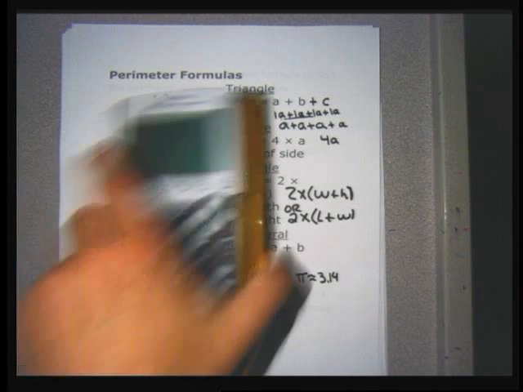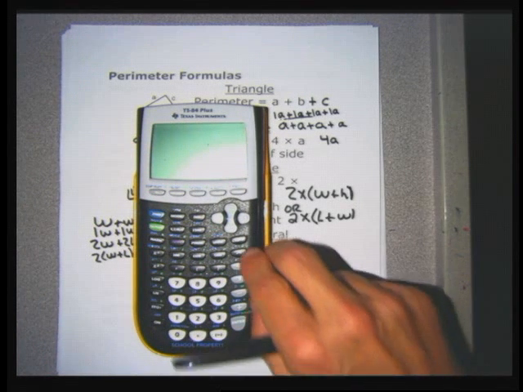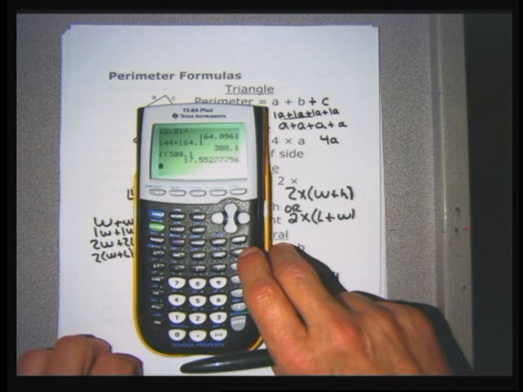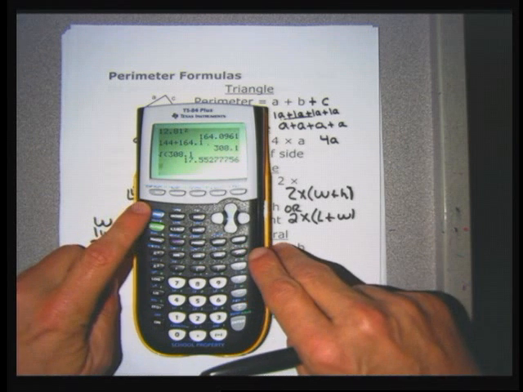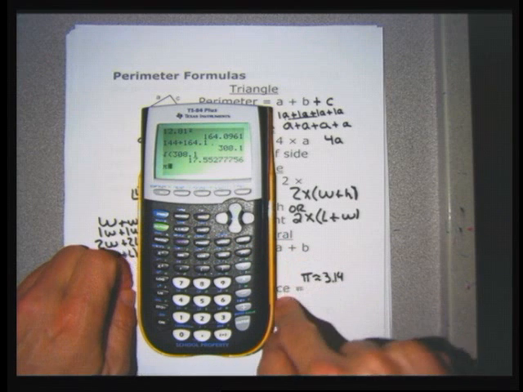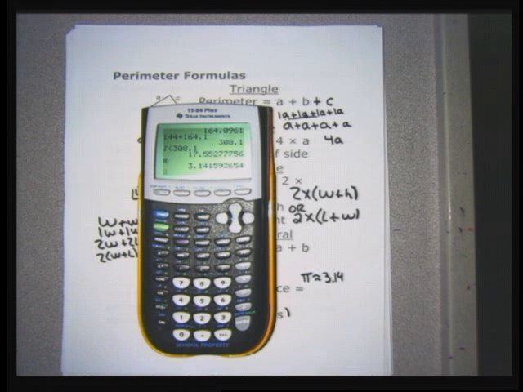Our calculator has a pi button, and I believe that's the pi right there on the exponent key. If I wanted my calculator's version of pi, I'd hit the second button, then the exponent key, and there's the symbol pi, and when I hit enter, it gives me that version of pi, which is about 10 or so decimals. Pi is an irrational number.